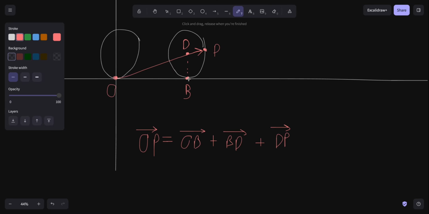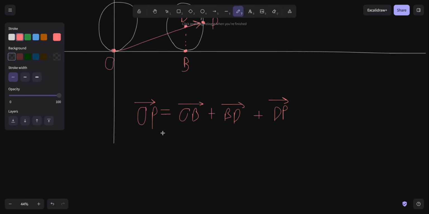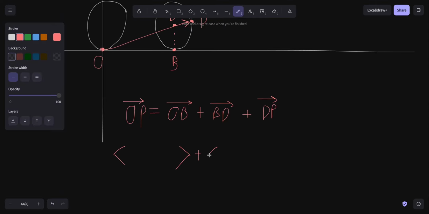Well, what's vector OB equal to? So they're all going to be split up into the components, that's for sure. So it's going to be some component plus this component vector plus this vector that has two components, right?